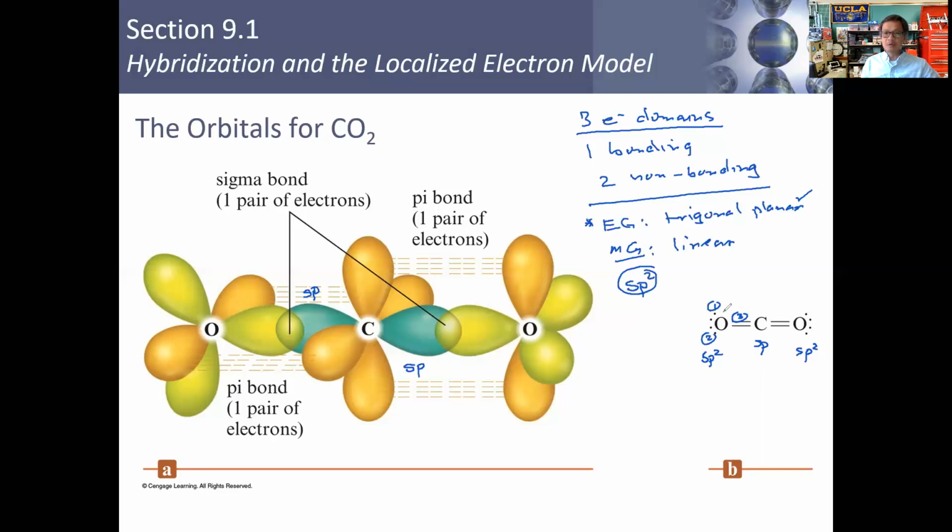And you would not be able to recognize that there's a p orbital on this oxygen unless you can first and foremost identify that it is sp2 hybrid. Because remember, with an atom that is sp2 hybridized, one of those p orbitals is unhybridized. And so we'll finish this analysis of the bonding in carbon dioxide tomorrow.